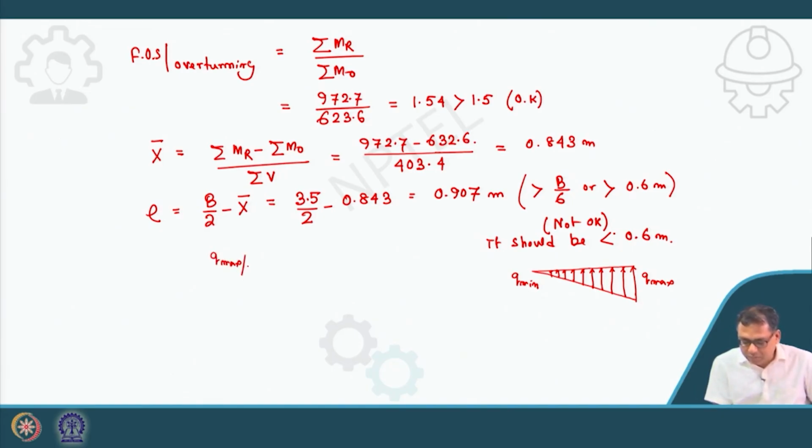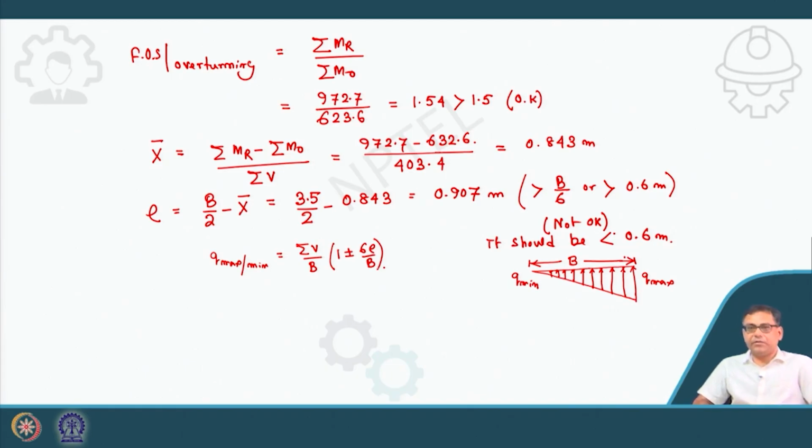Q max or min is equal to summation of all vertical forces divided by width of the footing, here width is this one, times 1 plus or minus 6E by B. So, that is why if E is greater than B by 6, then there will be a negative stress.